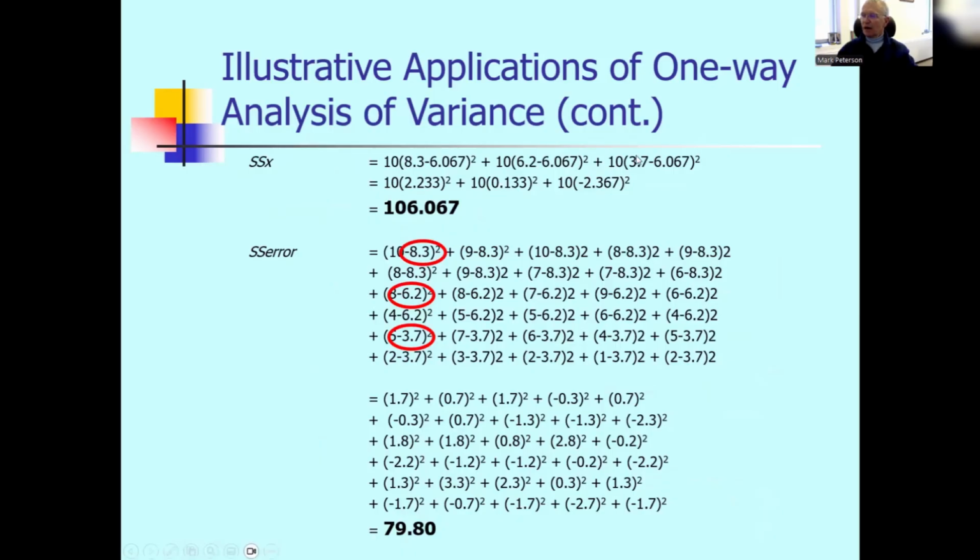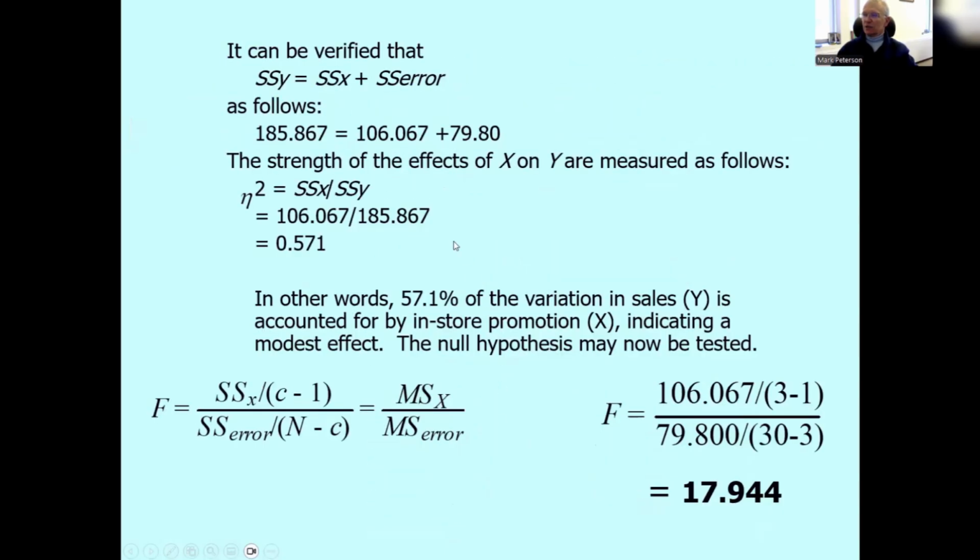Then 9 minus that subgroup mean, square that difference, 10 minus 8.3, and back to 8 minus 8.3, square it. We get down to our squared terms and sum them. So we get 79.80 for the sum of square errors.